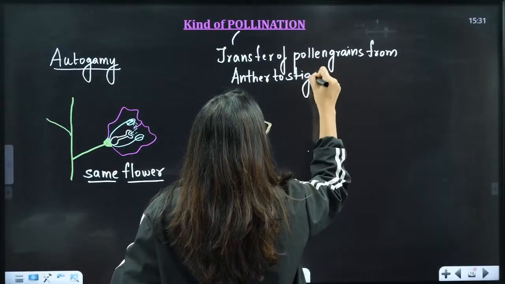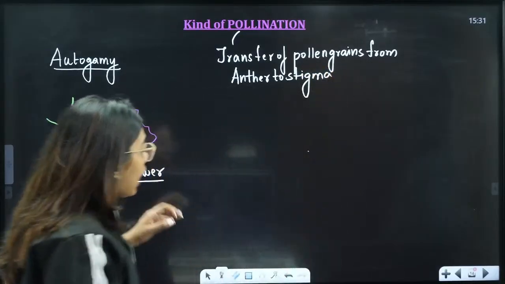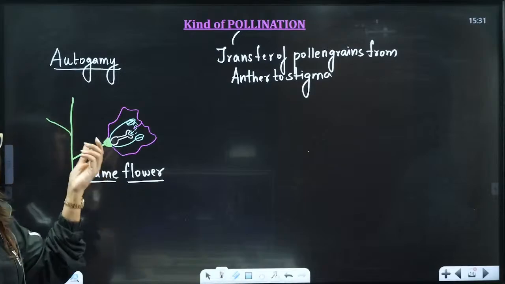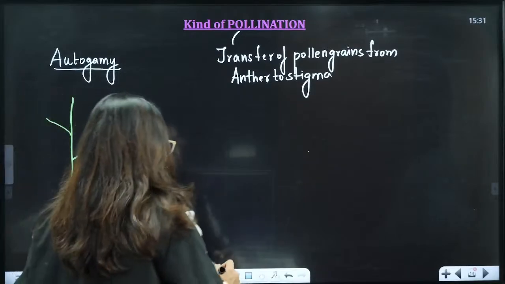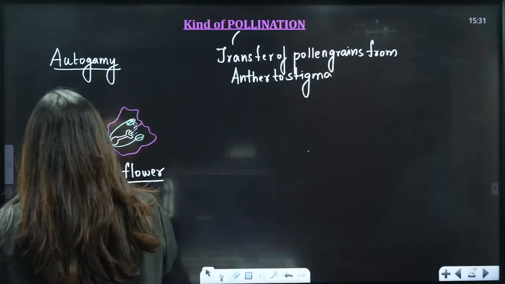It is the same definition, but in self-pollination it is the stigma of the same flower, in the other case a different flower, and later a different plant. Only that kind of difference will be there.